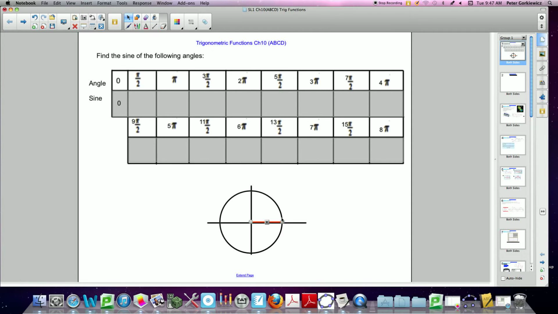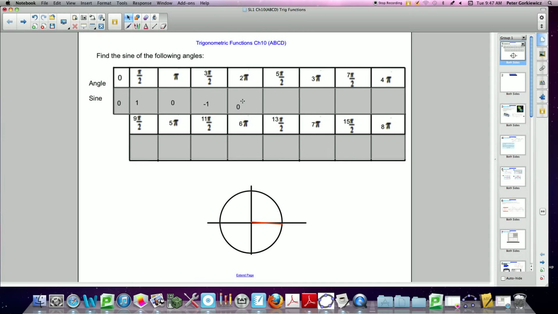Once you get up here to pi halves, our sine is 1. We're all the way up on the unit circle. That's 1. When we go back to pi over here, we're back to 0. And then when we get to 3 pi halves, we're down here at -1. Cool. And then once you get back to 2 pi, you're back to 0.